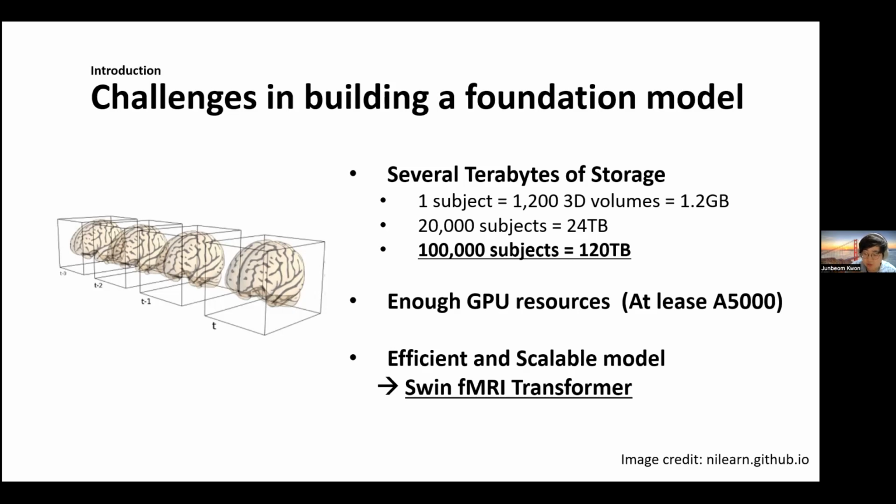These two requirements were satisfied by the support of NERSC. The last requirement was to develop an efficient and scalable model architecture that exhibits high predictive performance. Also, the predictive performance should consistently increase as the model and data size increases. This is why we have developed a transformer architecture for fMRI, Swift.